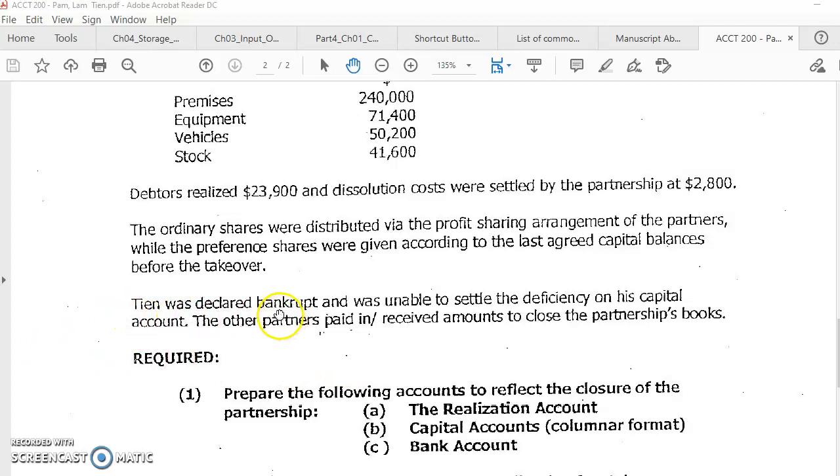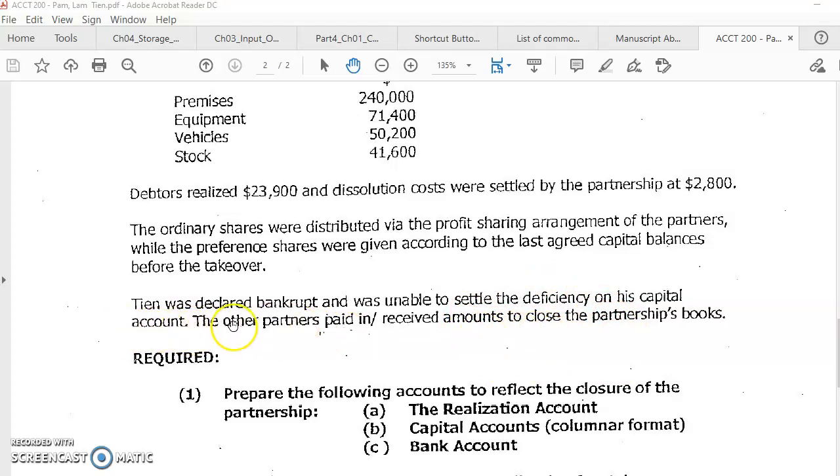Finally, Tien was declared bankrupt and was unable to settle the deficiency on his capital account. The other partners paid in or received amounts to close the partnership books. So in other words, the other partners had to either pay money into the bank account or they received money from the bank account in order to bring the books to a closure.